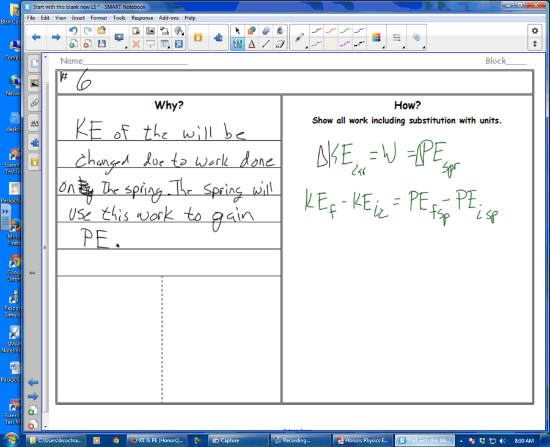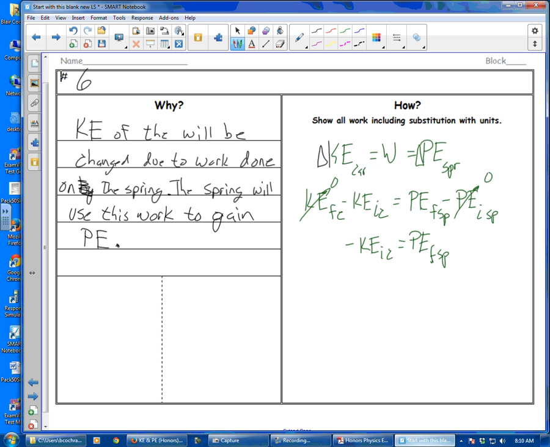The final KE of the car is going to be 0 because it's going to come to rest. The initial potential energy of the spring is going to be 0. If you look, I have this interesting negative and positive relationship here, where I have negative initial kinetic energy of the car equals the final potential energy of the spring.